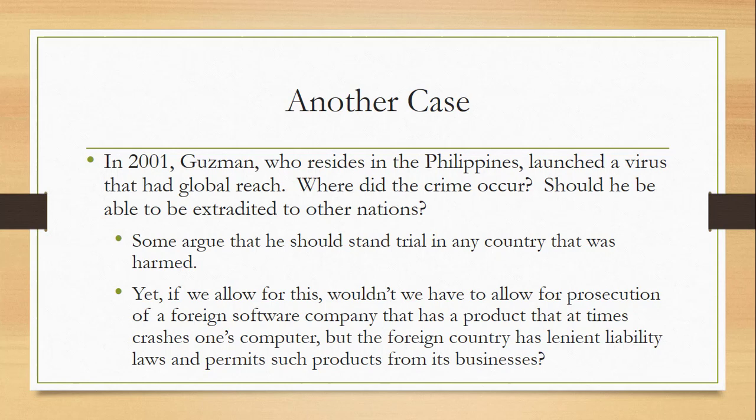Did the crime occur in the Philippines? Did it occur in those countries, for those businesses and agencies who were affected by it? Or did the crime occur in all of these places, the Philippines as well as all those various locales of people on the negative receiving end of the virus?